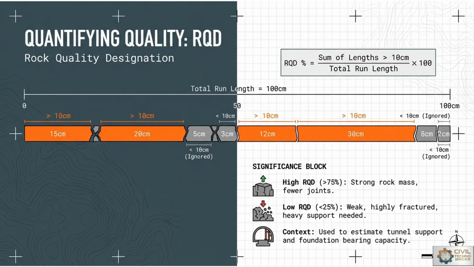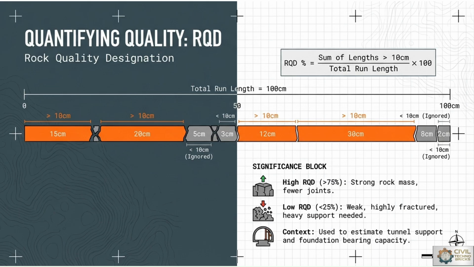High rock quality, low rock quality: high rock quality designation is greater than 75% and low rock quality designation is below 25%. So above 75%, the rock masses are strong and have fewer joints, but for low quality or low RQD, the rocks are weak, highly fractured, and heavy support is needed.